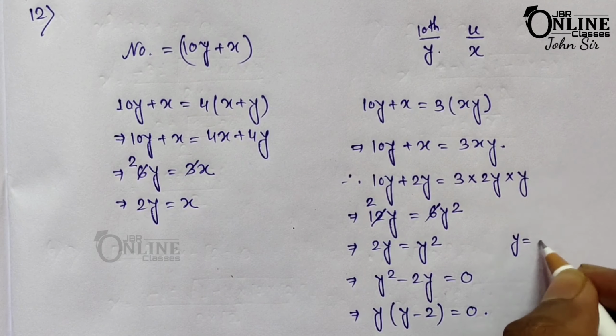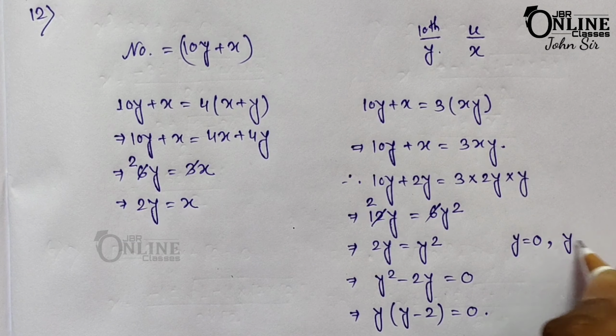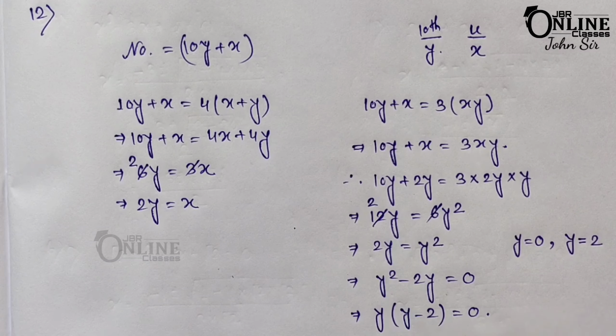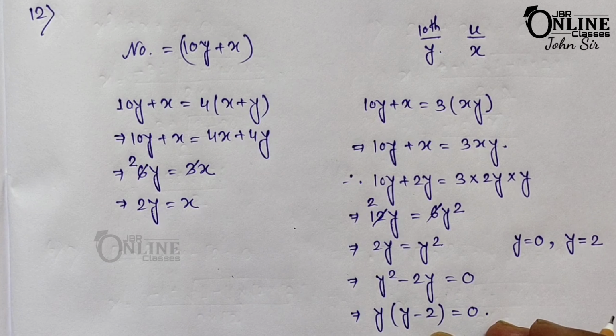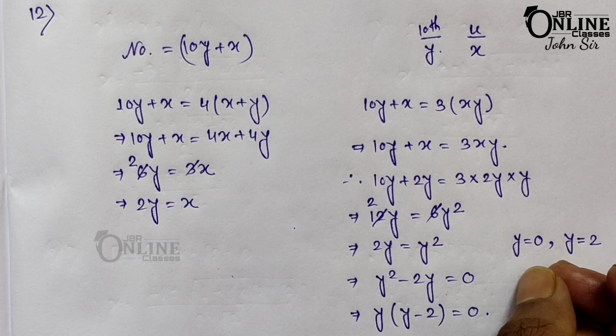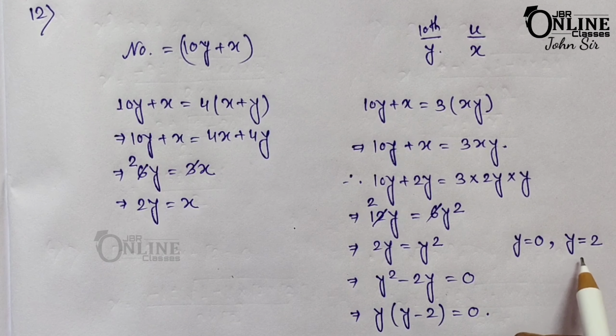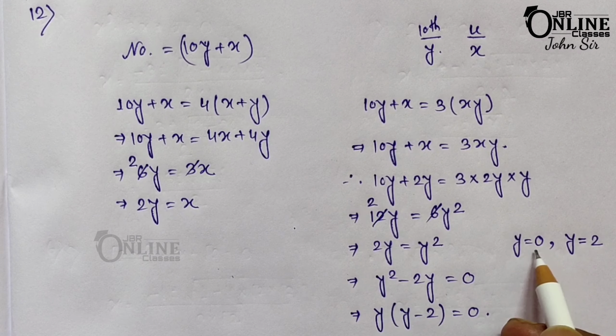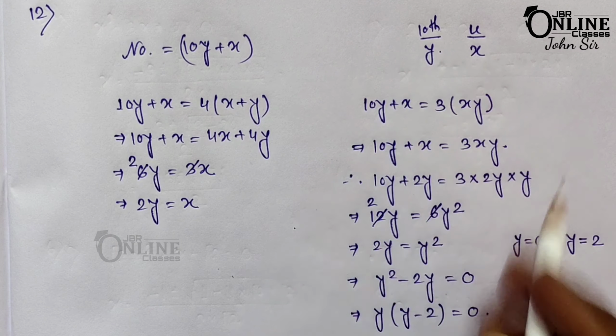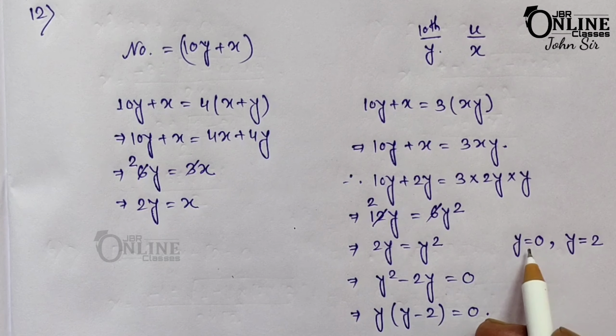So either y equals 0 or y minus 2 equals 0, and from that y equals 2. Remember that. If y equals 0, then the tens place will be 0, so it's not possible. That means definitely y equals 2.